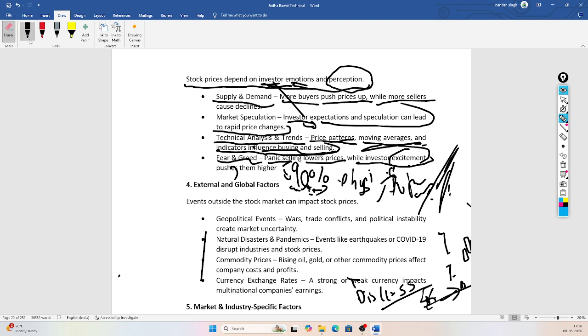Now here we can go through the external and global factors. What do they mean? We'll learn that events outside the stock market can impact stock prices.